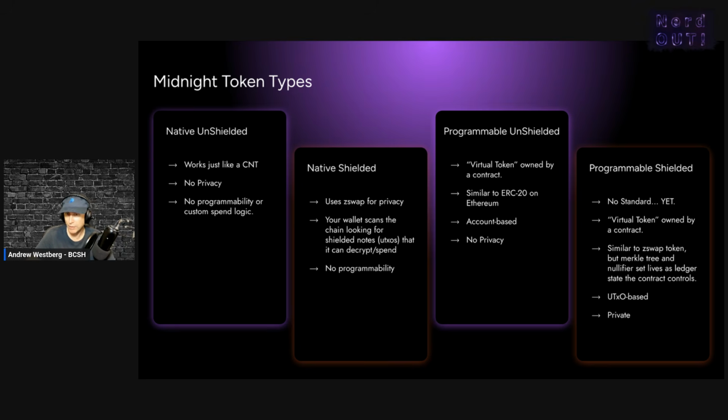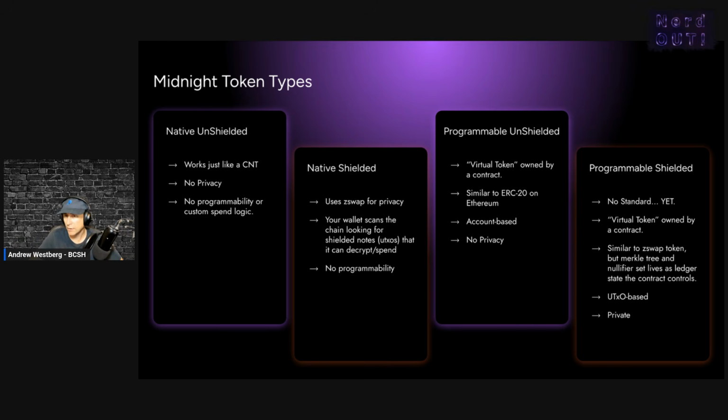There's also no programmability here, but if you send one of these native shielded notes to somebody else, no one can see what happened there. So there's perfect privacy here, but limited programmability, meaning there's no ability to do compliance on any of these particular tokens. So it's more like a Zcash or a Monero where there's just privacy, period.